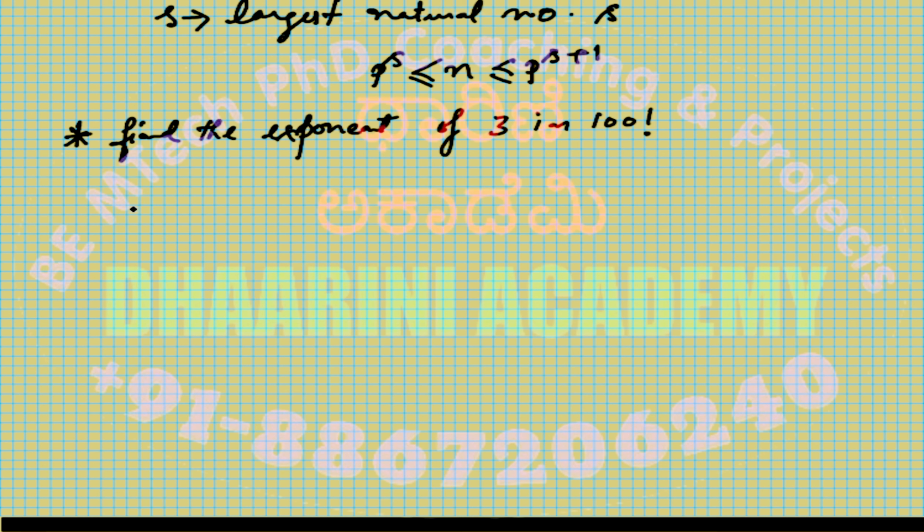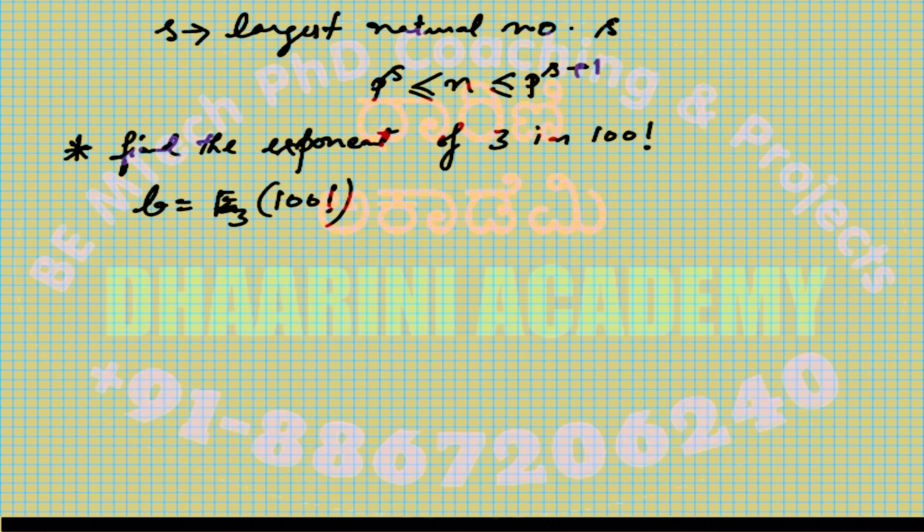So the question is to find E3 of 100 factorial. What is the factor of 3? How many times 3 into 3 into 3 into 3 will come when you try to simplify 100 factorial? That is the question.